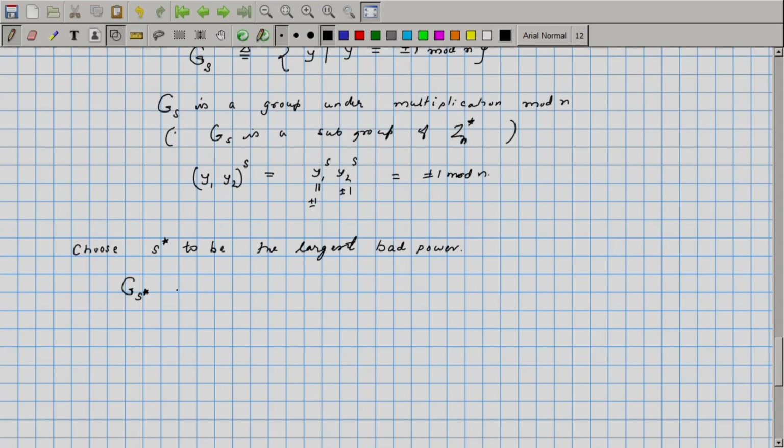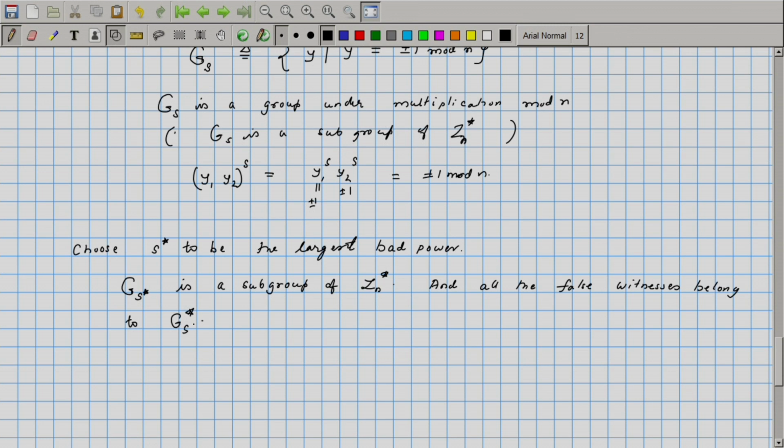So, GS star is a subgroup of Zn star and all the false witnesses belong to GS star.